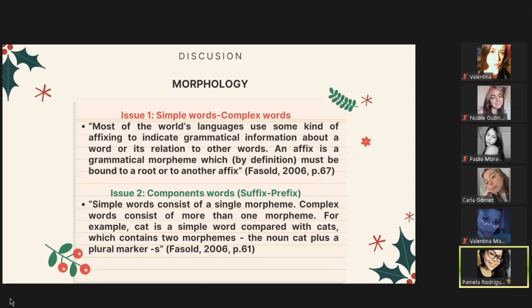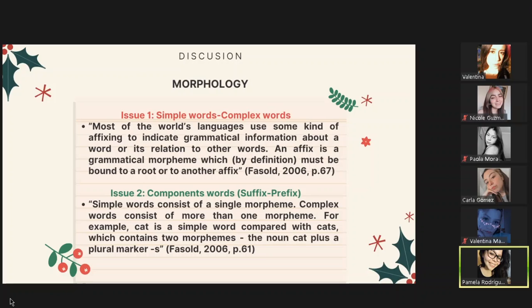The issues regarding morphology are the following. Components of words. According to Fasold, most languages use some kind of affixing to indicate grammatical information about a word or its relation to other words. An affix is a grammatical morpheme which, by definition, must be bound to a root or to another affix.